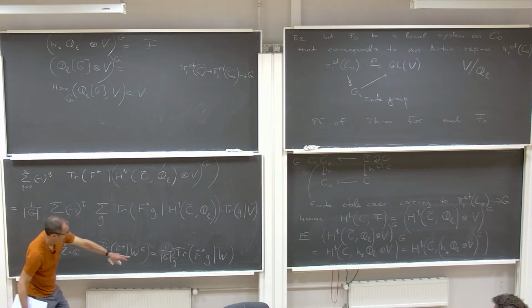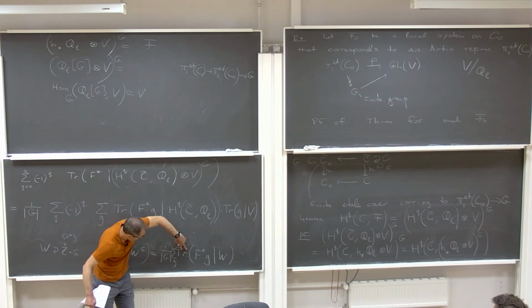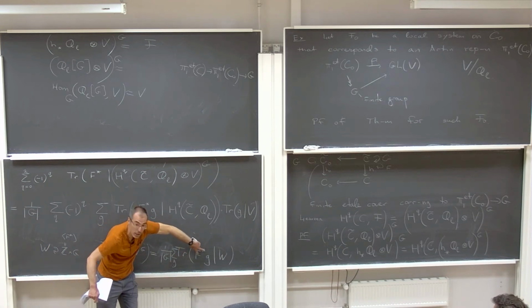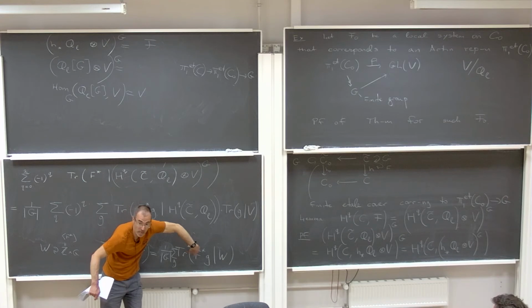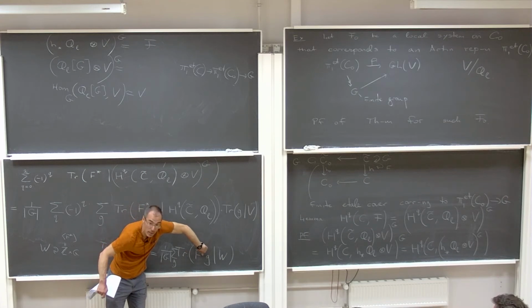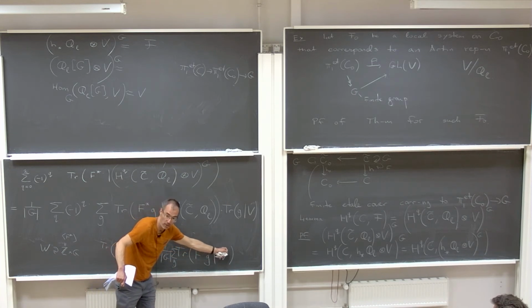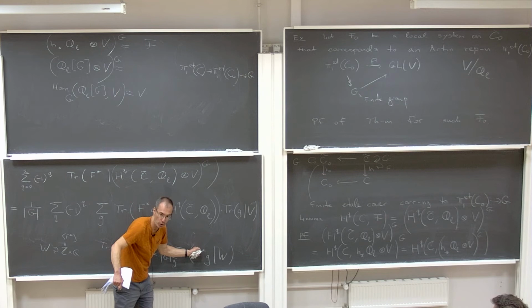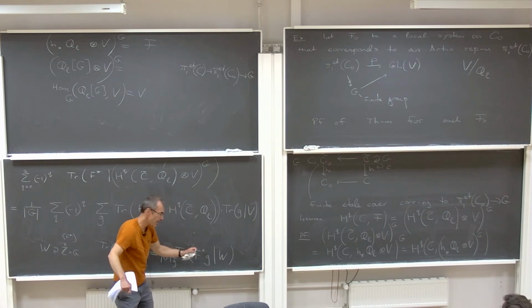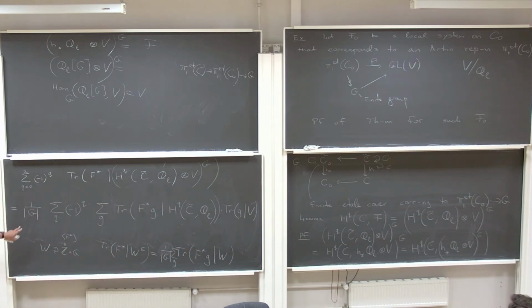Because the sum of traces is equal to the trace of the sum of operators, and this operator is a composition of two. It's the projection to invariants composed with the action of F star on the invariants. Okay? That's what I'm using here.